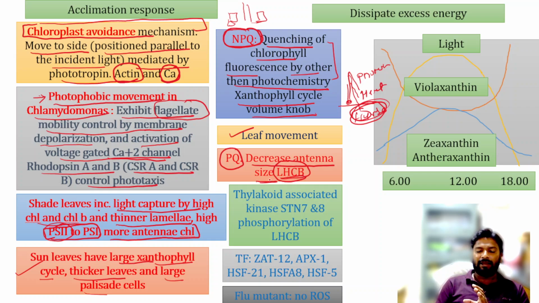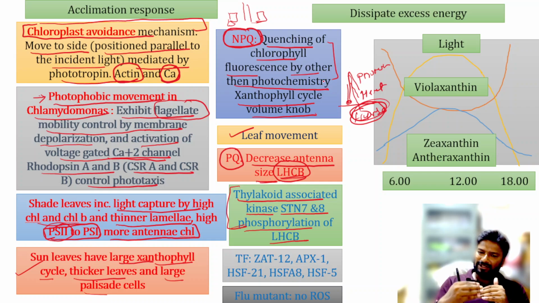When the antenna size decreases, they dissipate the heat. Then there are some thylakoid-associated kinases like STN7 and STN8. These phosphorylate LHCII, so they also have an important role in the quenching of fluorescence. These are some strategies used against high light stress.